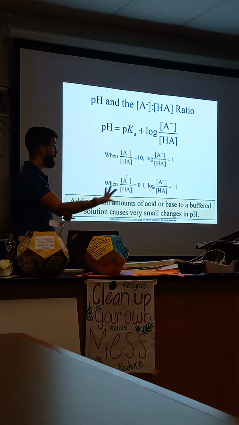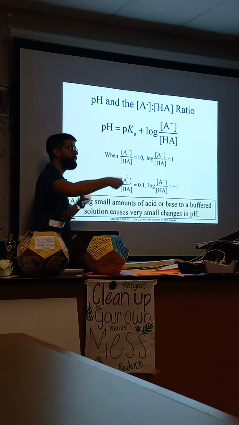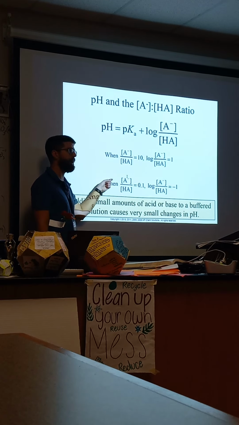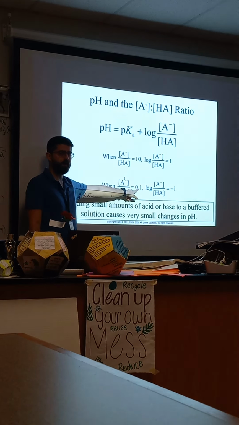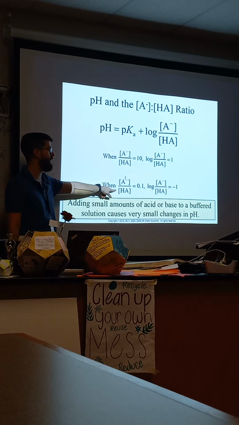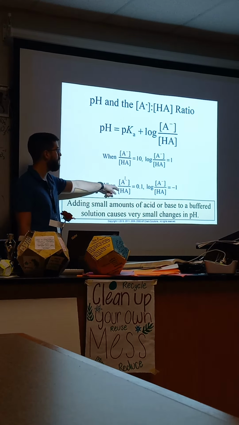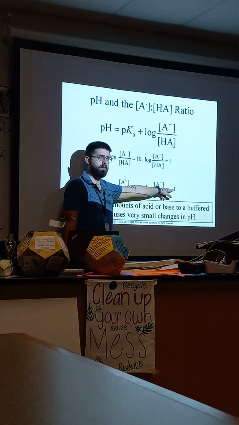That's huge. Okay, let's do another example. Let's say you added enough strong acid to make this fraction go down to 0.1, which means that you now have 10 times as much what? Acid as base. The HA, right? Well, look, your pH is only going to go down by 1.